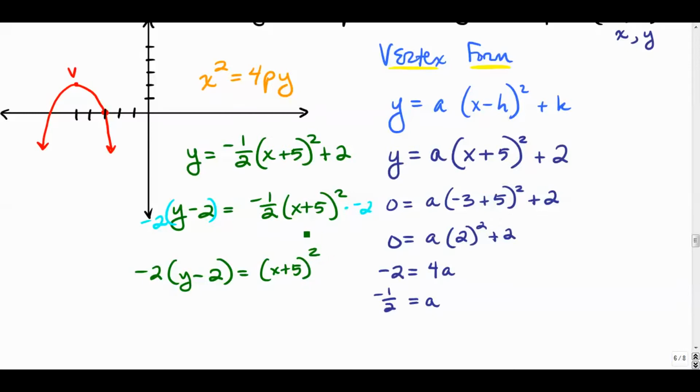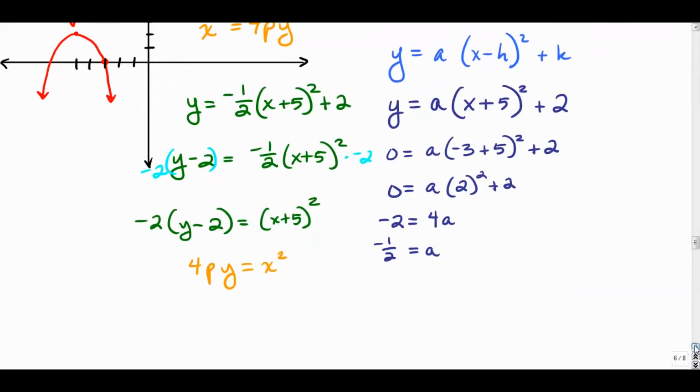And believe it or not, that is in the format x squared is equal to 4p times y. Even though those parentheses are there, it doesn't really matter. What matters is that this right here is a positive 1, and this right here will give us our p value.